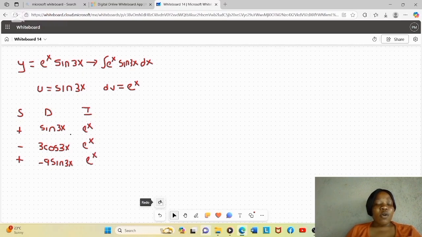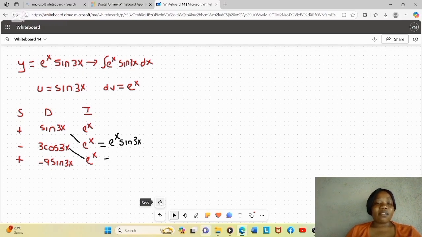Then since we obtained the common function as the first row, we stop here. Then from here we multiply diagonally to get our first terms. Our first term will be equal to e to the power x times sin 3x, since we have positive signs.